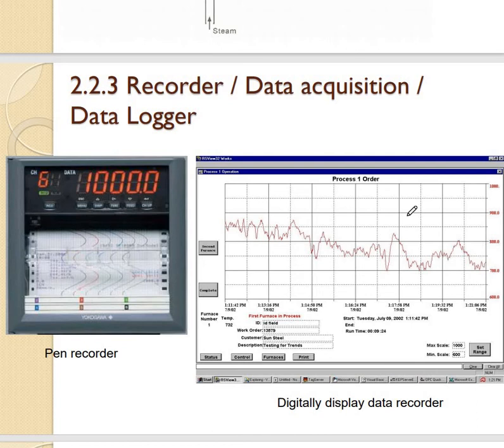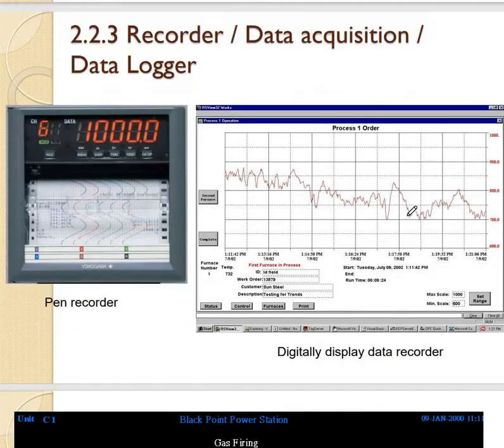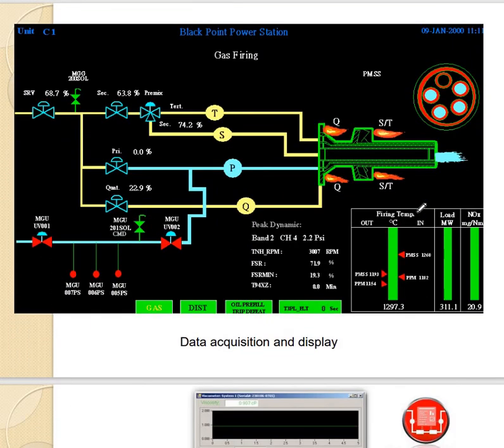Basically this recorder is used to record the response of the process variable that you need to know, for example temperature, level, concentration, etc. This is the figure that you can find inside our DCS system. Later during our laboratory you will learn this in detail.